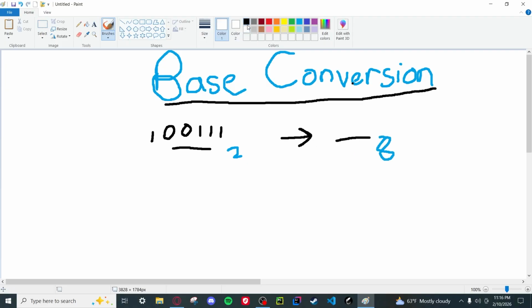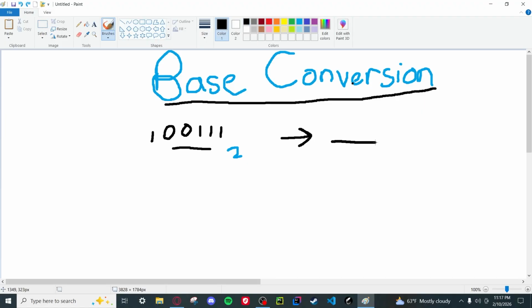Or vice versa. One way you can do this, which is an incredibly slow way, is taking this, converting it into base 10, and then taking that value and converting it into base 8, or vice versa if you're going from base 8 to base 2. This is slow. Remember, you only have 45 minutes for 40 questions, okay?